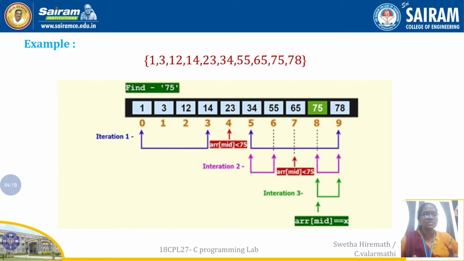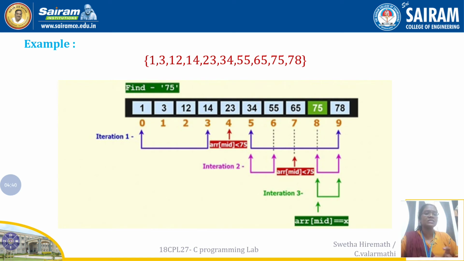With these values, 0 plus 9, the middle value is calculated. Mid equals (0 plus 9) divided by 2, that is 4.5. When you floor it, it gives 4. So this floor value 4 is my midpoint as of now in the first iteration. That is what is given as iteration 1.